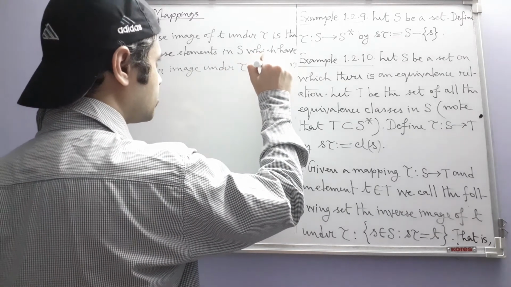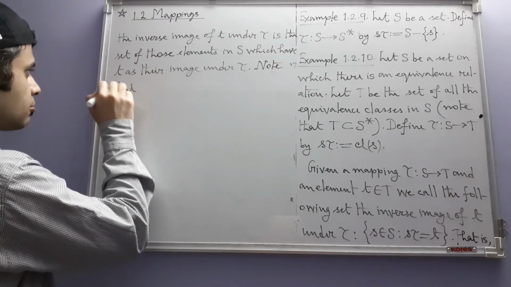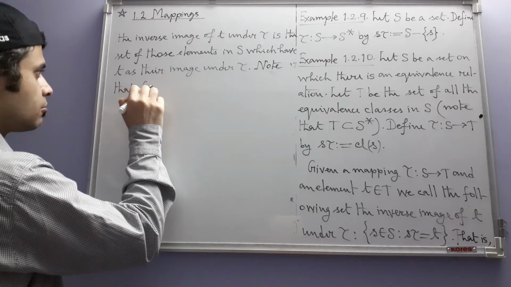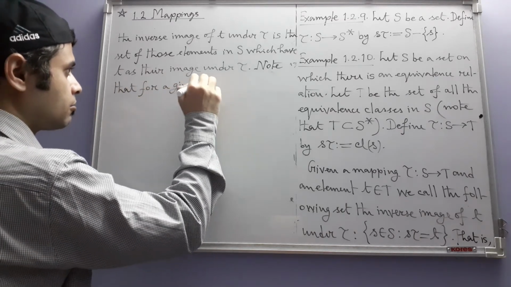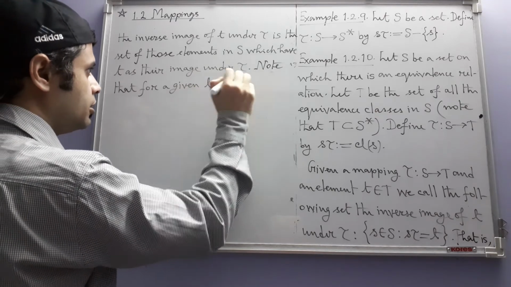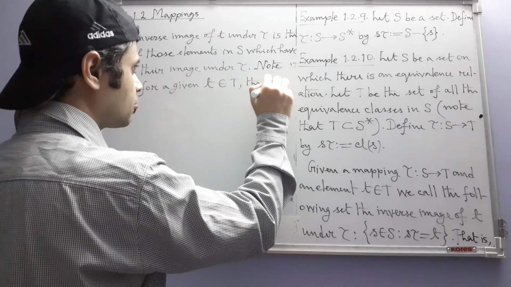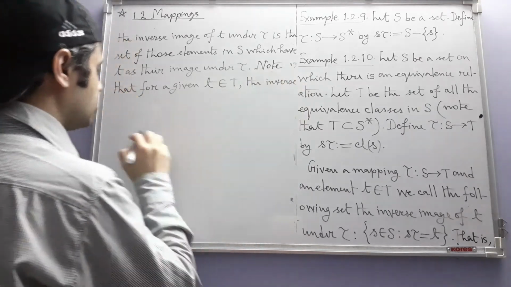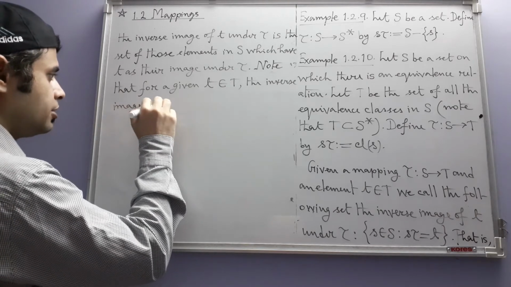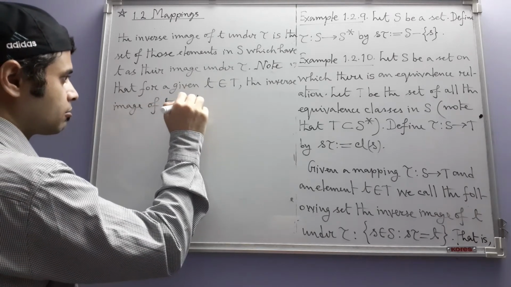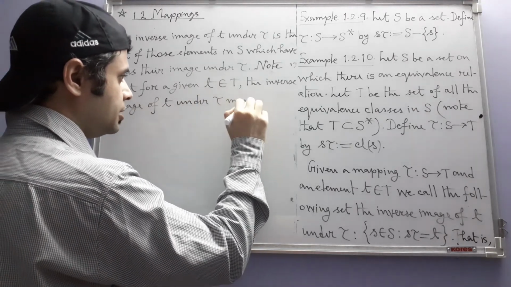Note that for a given t belonging to T, the inverse image of t under tau may be empty.